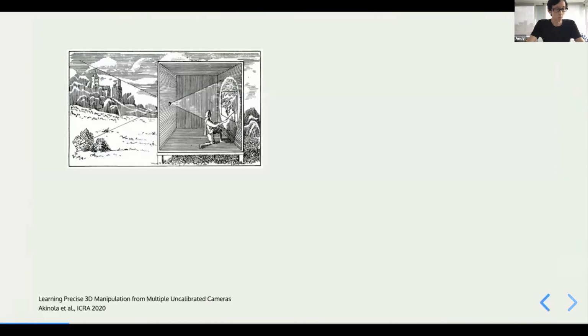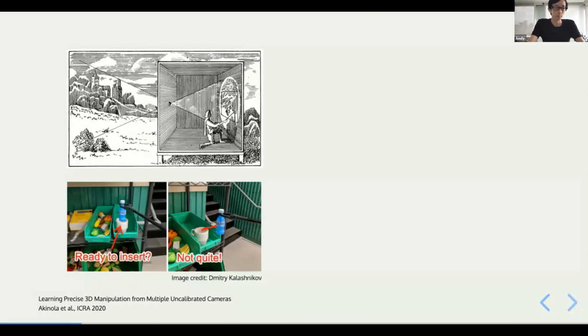So one case for why 3D is great is that, as we know, 2D camera images only provide a partial projection of the world, and this naturally leads to ambiguity. For example, this picture was taken by my coworker and is actually quite representative of a class of edge cases that we regularly encounter when we train end-to-end visual motor policies for learning robotic manipulation from a single color camera.